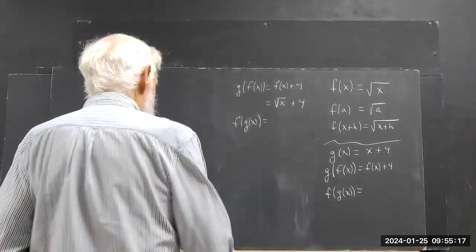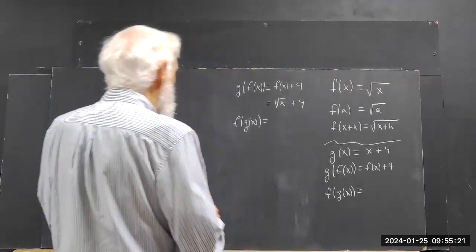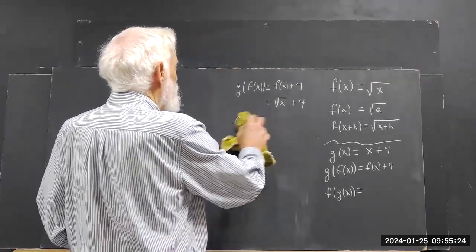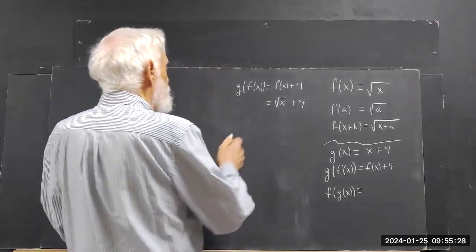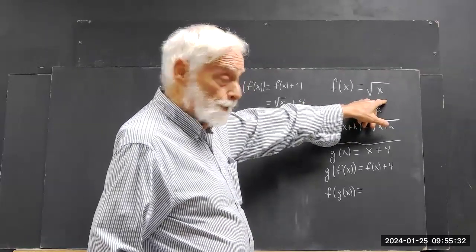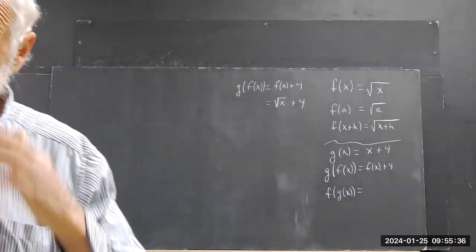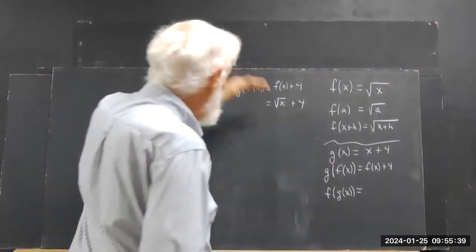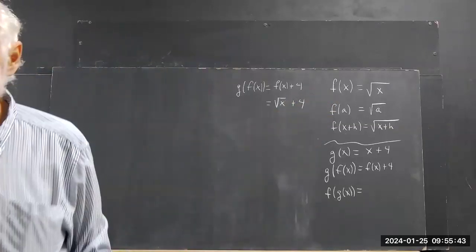Okay, now people having a good bit of trouble with this. So I'm going to do f of g of x. I want to do it a certain way. First of all, can you write out the definition of f of x? Start somewhere down below whatever you've worked on, write the definition of f of x.